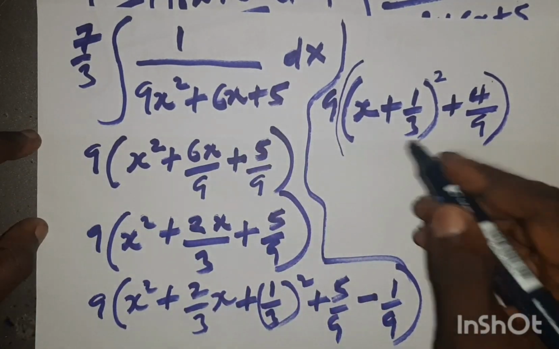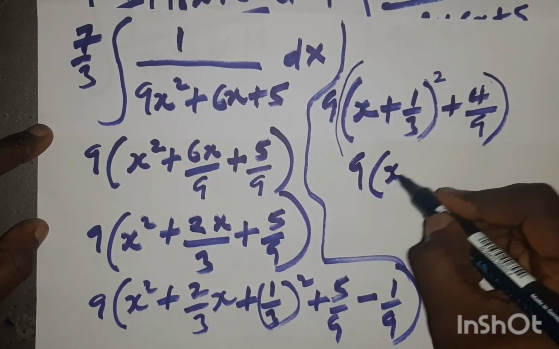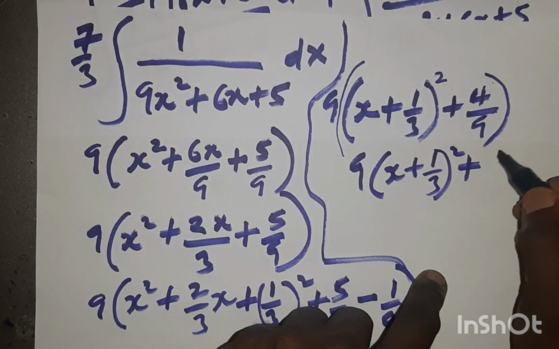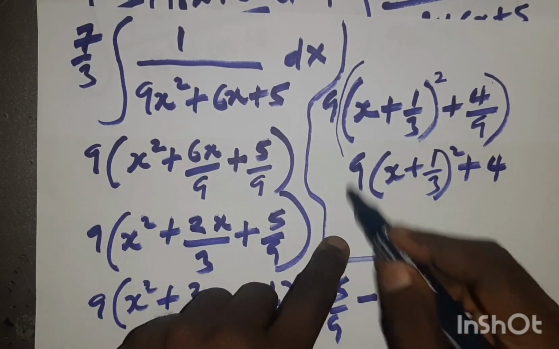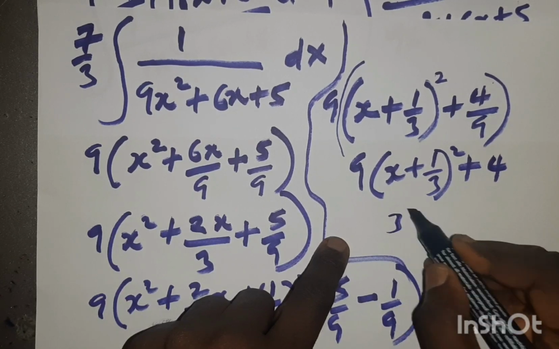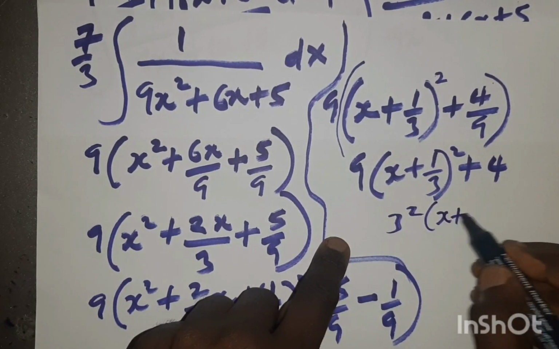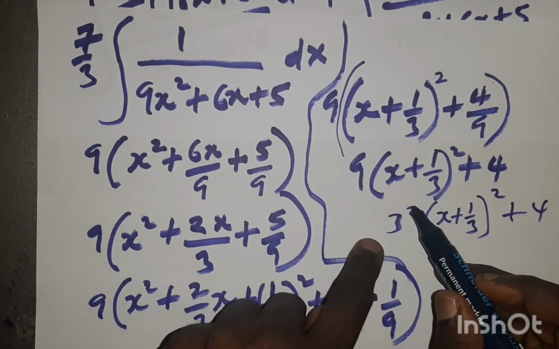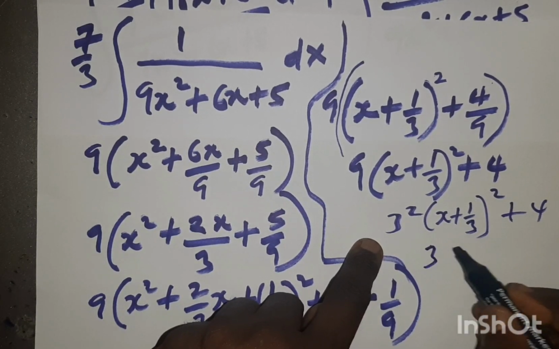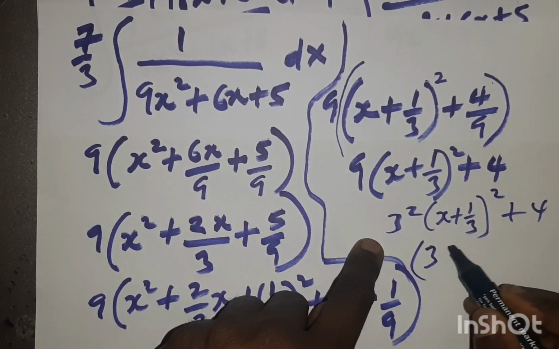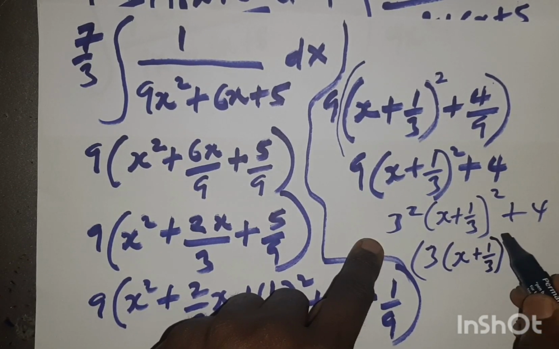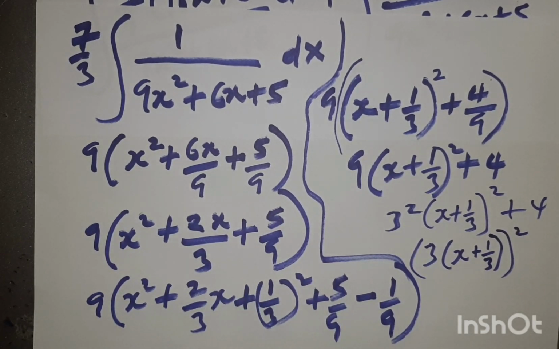So 9 times this still gives me 9 bracket (x + 1/3) squared, plus 9 times this gives me just 4. And I can still simplify this one. 9 is 3 squared. 3 squared bracket (x + 1/3) squared plus 4. And since they both have the power 2, I can pull one out and leave all of them in the bracket. So (3(x + 1/3)) all squared. Then I can have it this way.